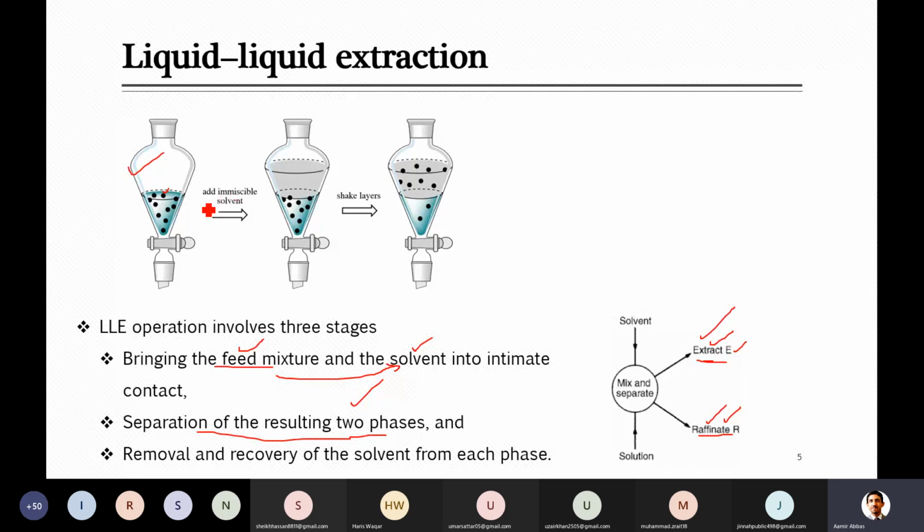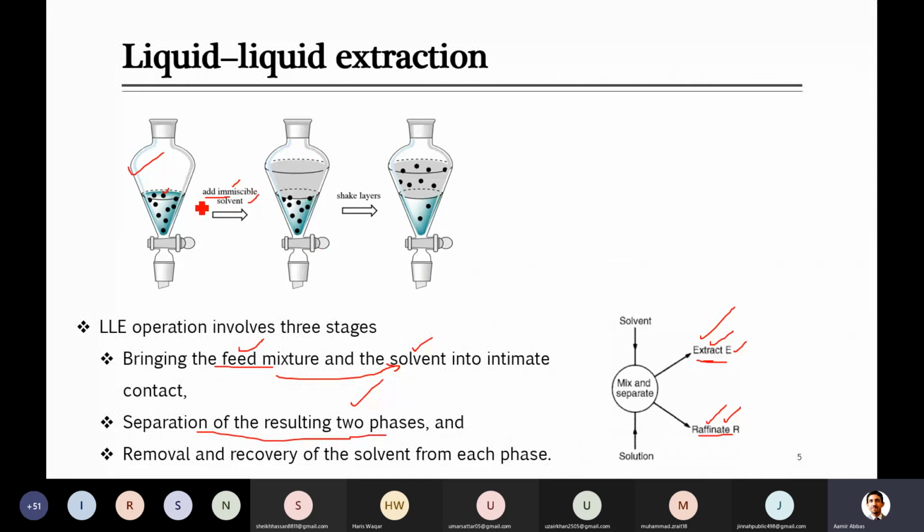So what we do is bring in an immiscible solvent. Why is he saying immiscible? As we have already seen when we defined liquid extraction, when we bring the feed and solvent in contact, the solvent should be immiscible with the major part of the feed and only miscible with those components that you want to separate. Due to this he is saying they are immiscible.